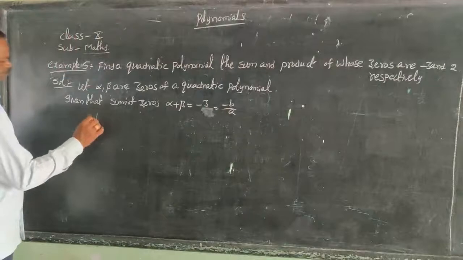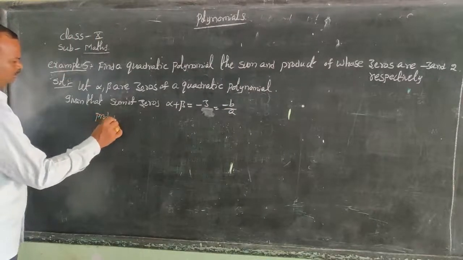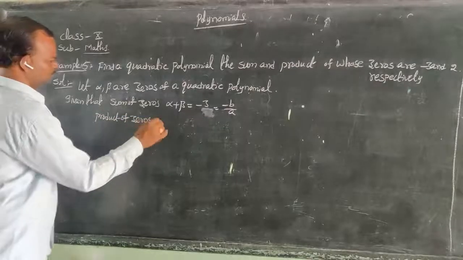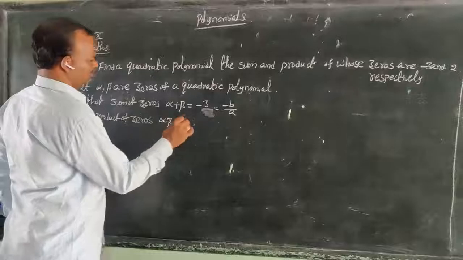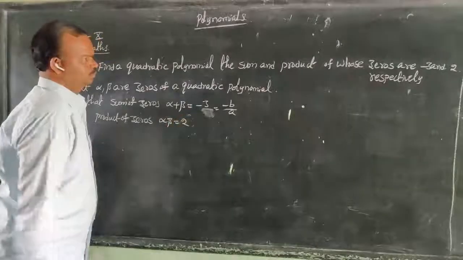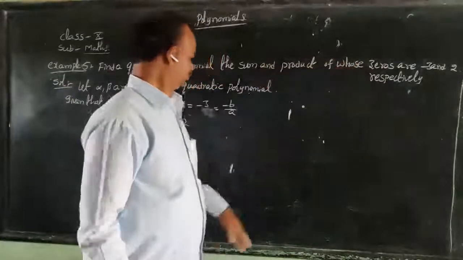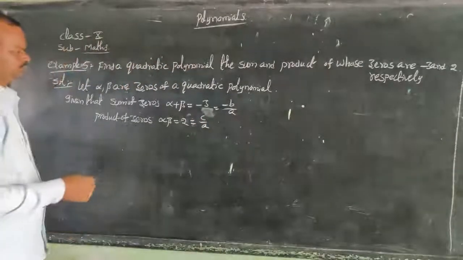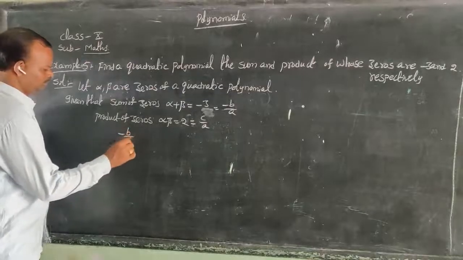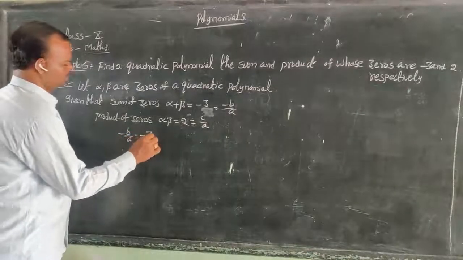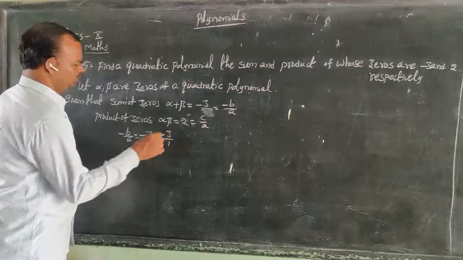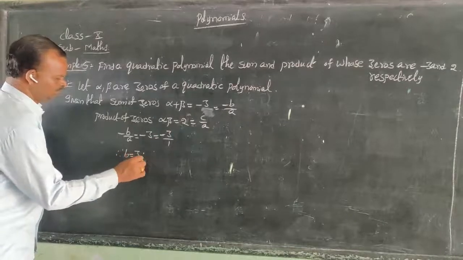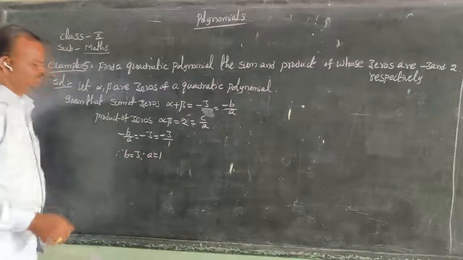And next, the product of zeros, alpha into beta, is equal to 2, which is equal to c by a. Minus b by a is equal to minus 3 by 1. Therefore b is equal to 3, a is equal to 1.